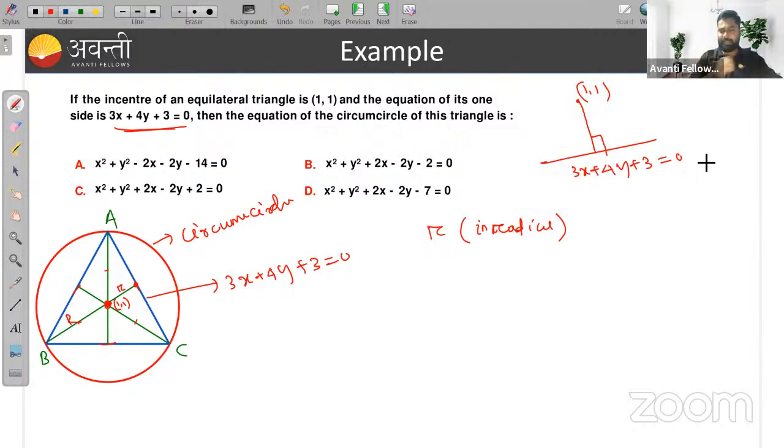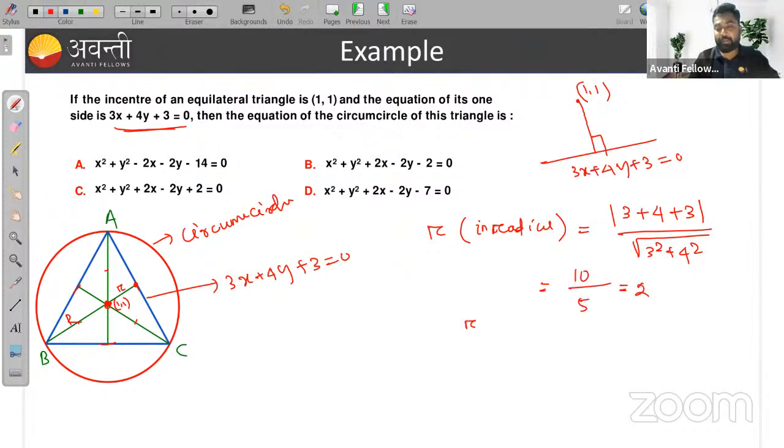So the radius will be mod of 3 into 1 plus 4 into 1 plus 3, upon root of 3 square plus 4 square. That is mod of 10 upon 5, that is 2. So small r is 2. Is that clear to everyone? Clear? Okay.